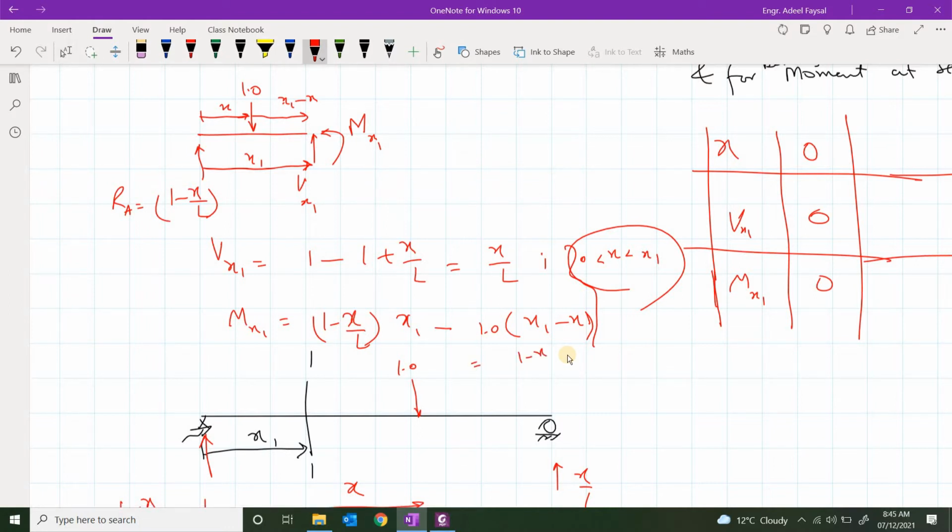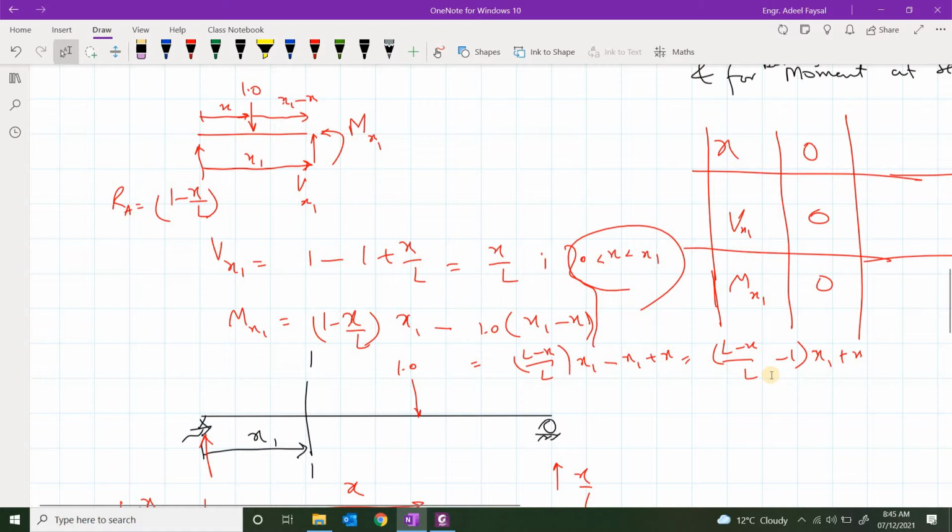Equal to 1 minus x, or maybe I can write L minus x over L times x1 minus x1 plus x. Whatever you like. You can further say x1 is common from these equations, so you may say L minus x over L minus 1 times x1 plus x, or whatever expression you think is better, you can write that down.